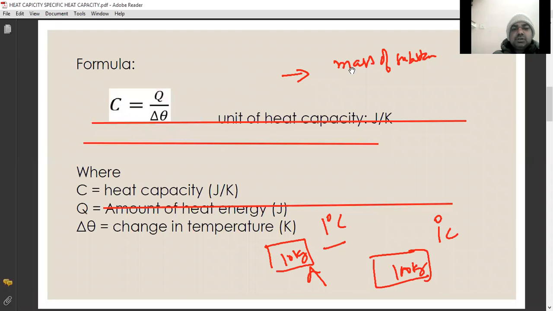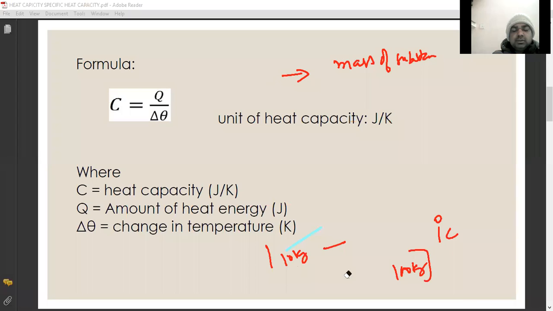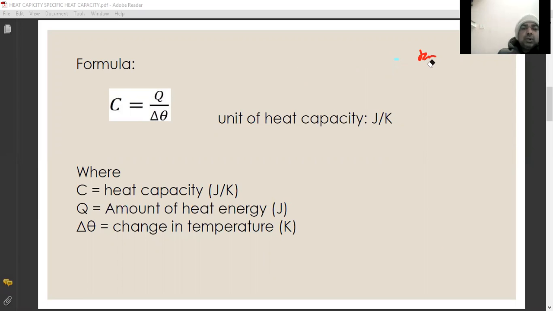Now the formula we will use to measure heat capacity. Suppose Q is the amount of heat energy required to raise the temperature of a substance by delta theta.